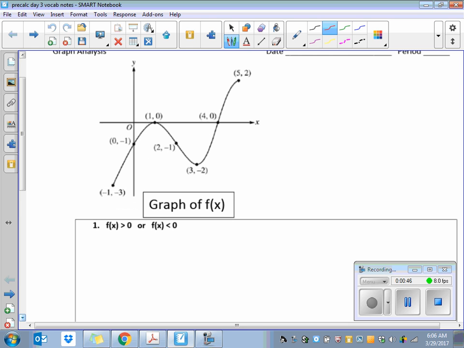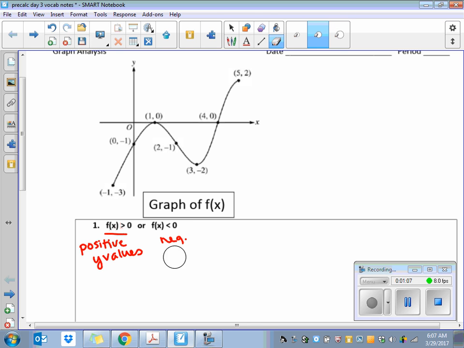So the first concept we would want to talk about for a function graph, or a function in general, is where the function is greater than 0 and where the function is less than 0. Where does the function have positive y values? Where does the function have negative y values?